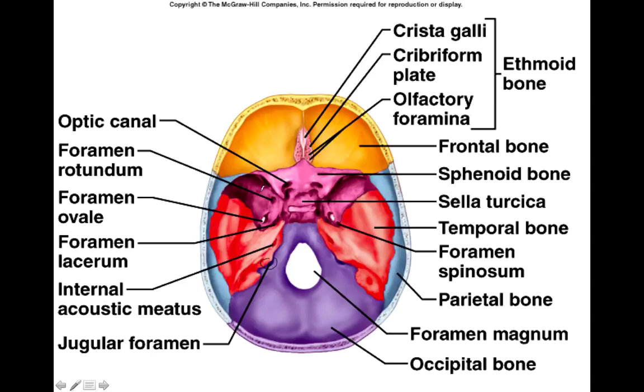Oh, and then this bone is called the sphenoid bone. The sphenoid bone kind of looks like a bat, apparently, but it has a special structure in there, a special fossa called the sella turcica. And the sella turcica is where the pituitary gland lies. So in the sphenoid bone, this is where the pituitary gland would lie.